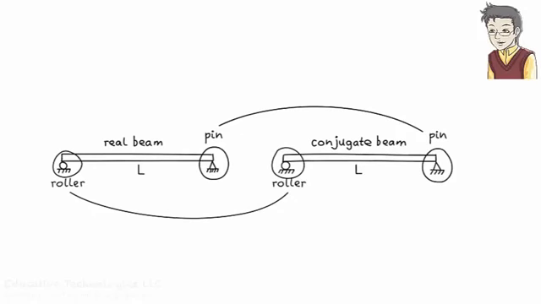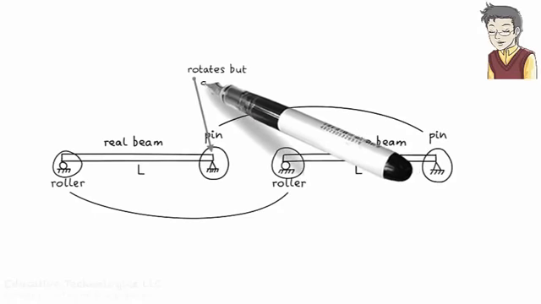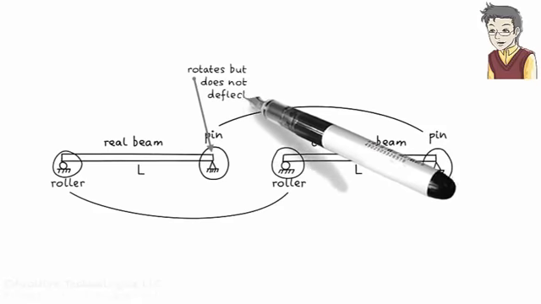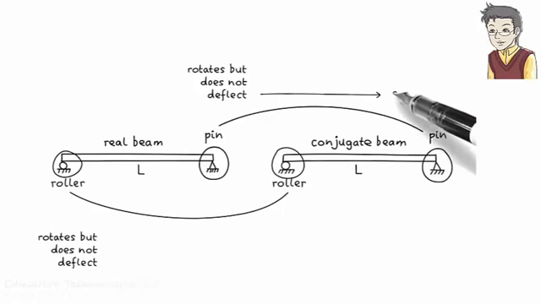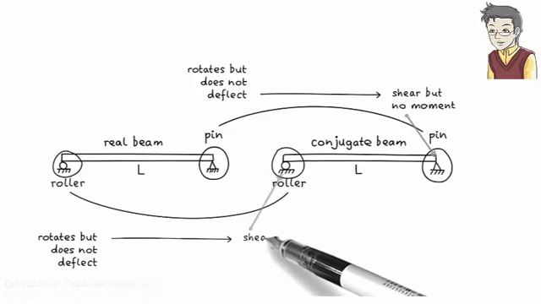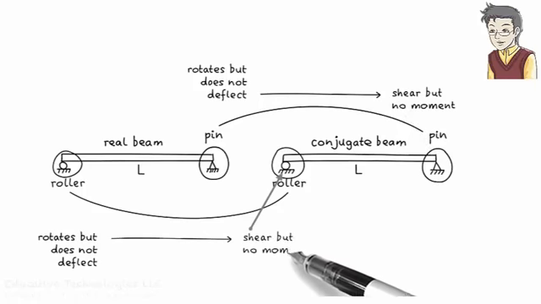Because a pin or a roller support allows rotation but prevents deflection. That is, the beam would have a non-zero slope but a zero deflection at the support. Therefore, the conjugate beam must have a non-zero shear but a zero moment at that point.